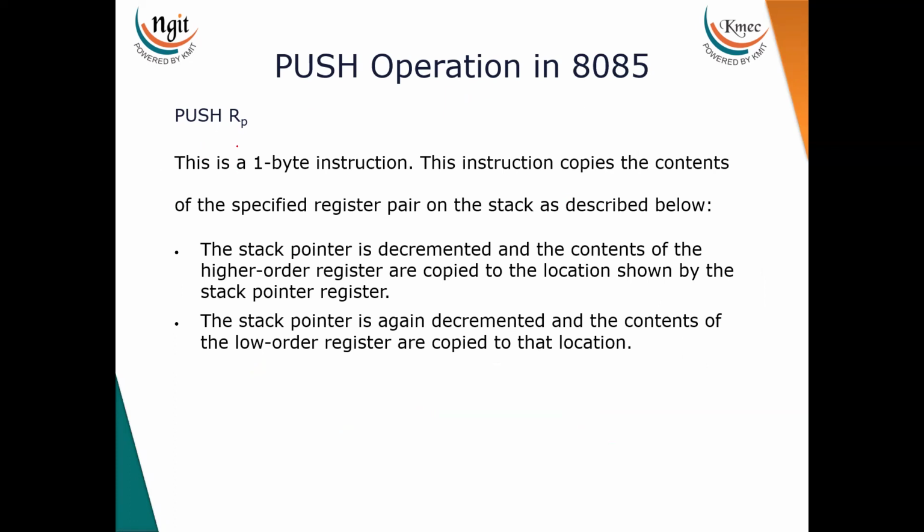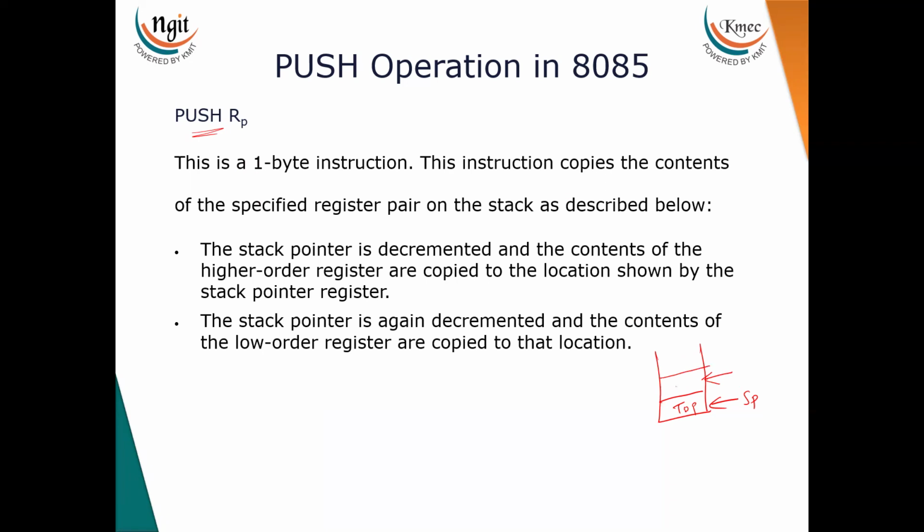Now push register pair means what? Here, this is a stack and SP is holding the top of the stack. When we give push RP, first SP is decremented by 1 and it points to this location.